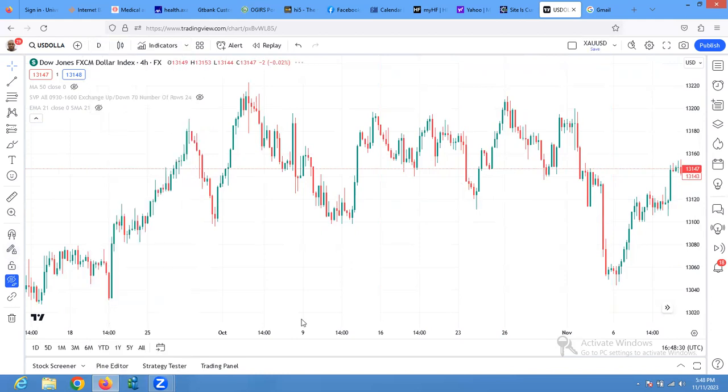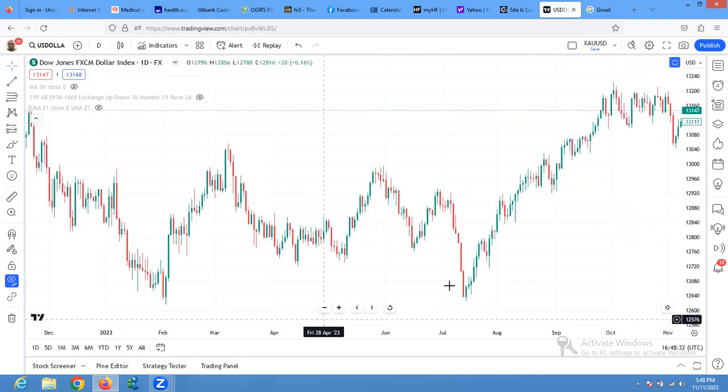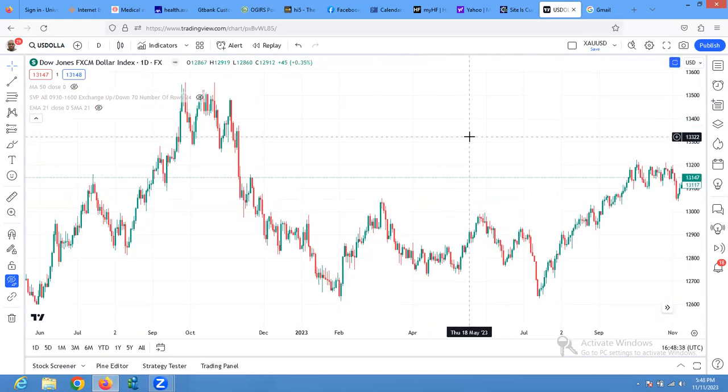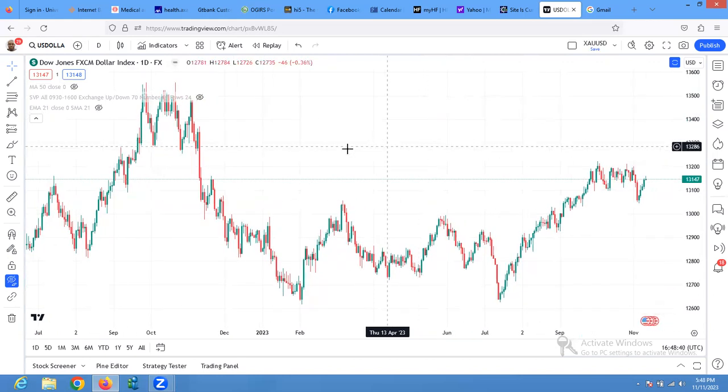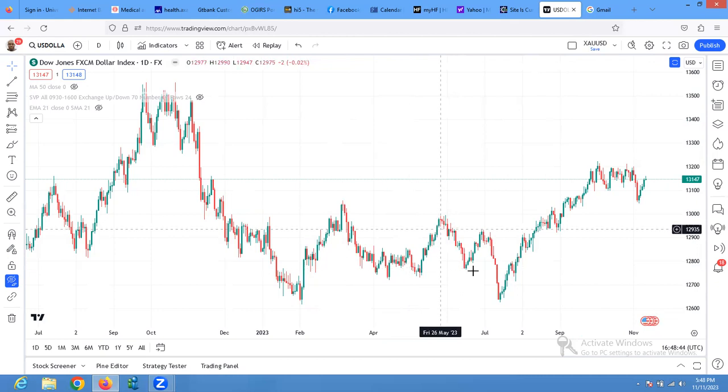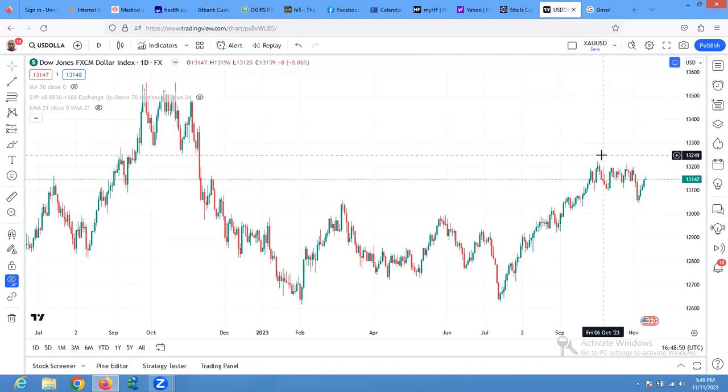Let me go back to the daily. What I'm trying to say is this. In an ABC of correction, when you have an A, B, C, the C does not really run like a motive wave.